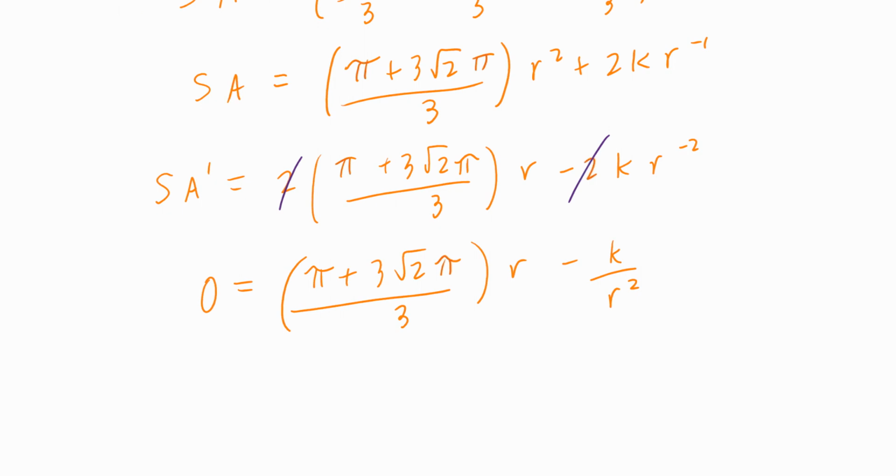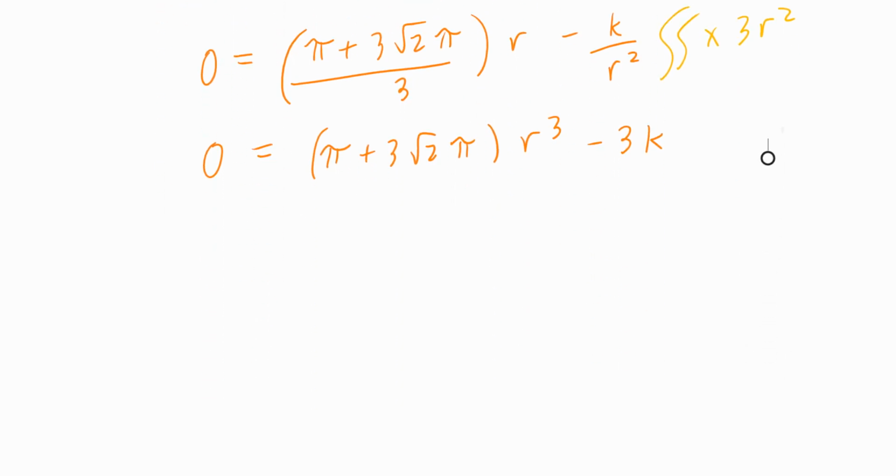So what I'm going to do is multiply everything by 3r squared. And of course, on the left-hand side, it doesn't make a difference. This is still going to be 0. On the right, there's r squared, though. So pi plus 3 root 2 pi, r times r squared is going to be r to the power of 3 minus, I don't mean 6, I mean 3 times k.